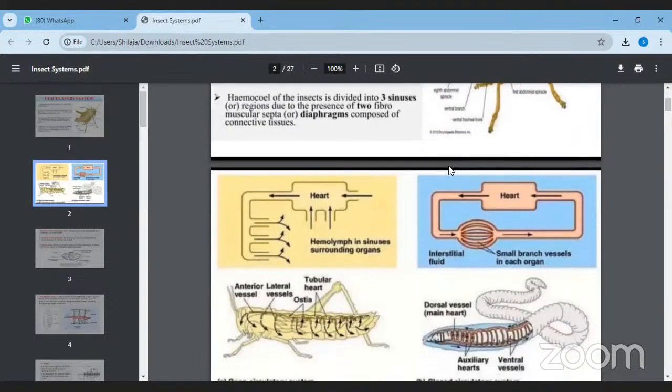Here I have shown the detailed diagram where we say that these are the ostia through which the respiration is carried out, and these are the lateral vessels, and this vessel we'll call an anterior vessel or dorsal vessel.